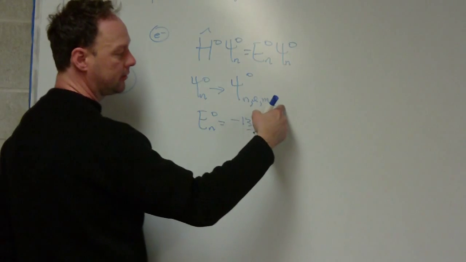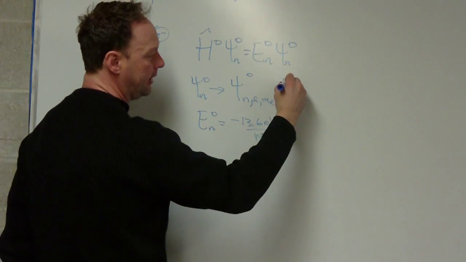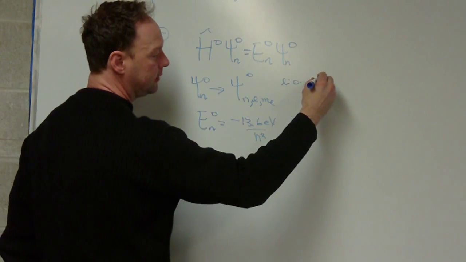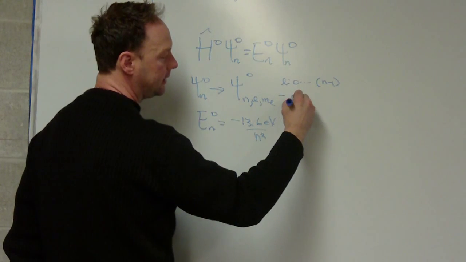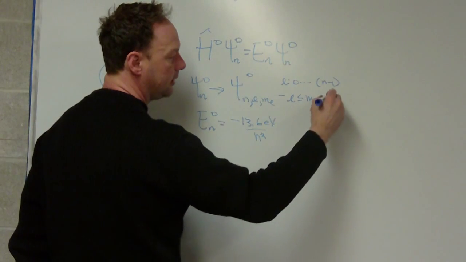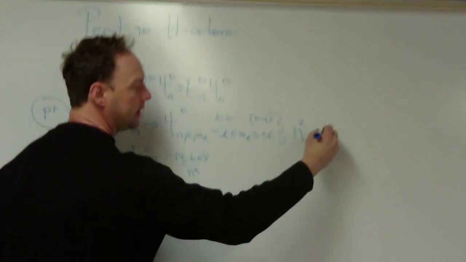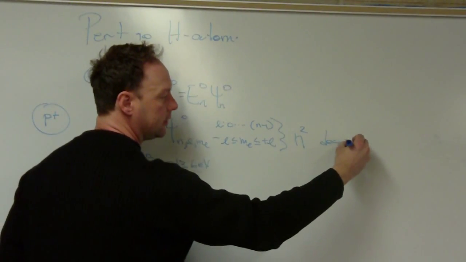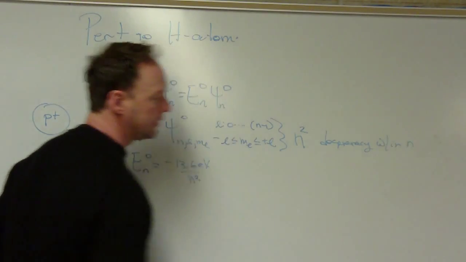So remember the restrictions on L. L is 0 all the way up to n minus 1, and then minus L is less than or equal to ml, which is less than or equal to plus L. And so we have an n squared degeneracy within n, right?